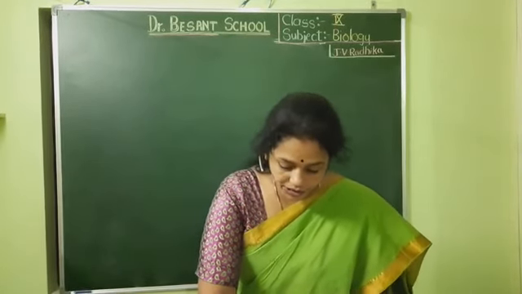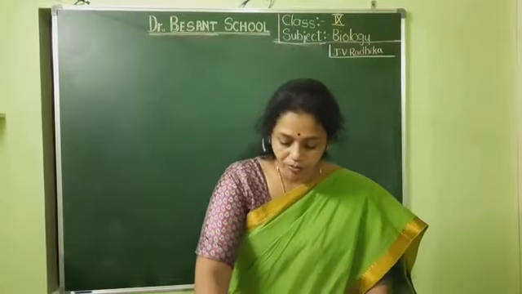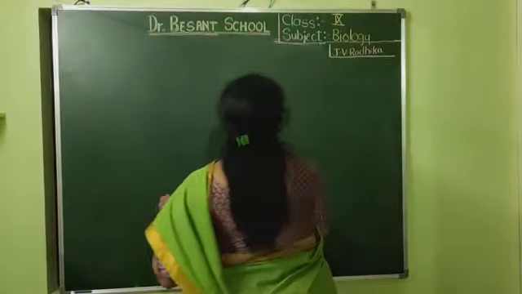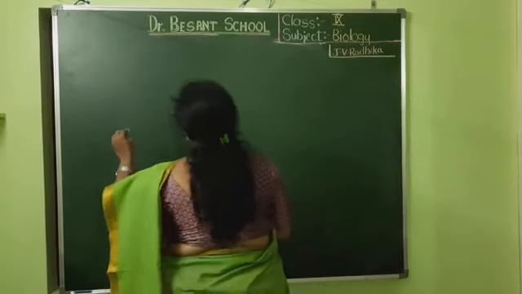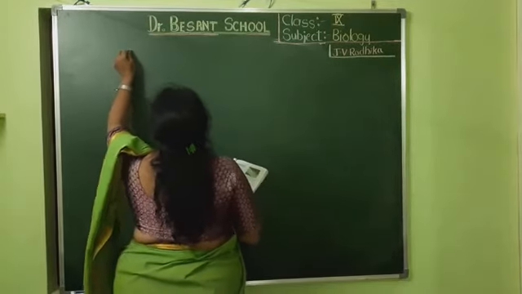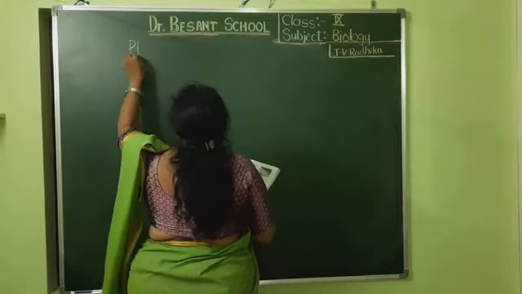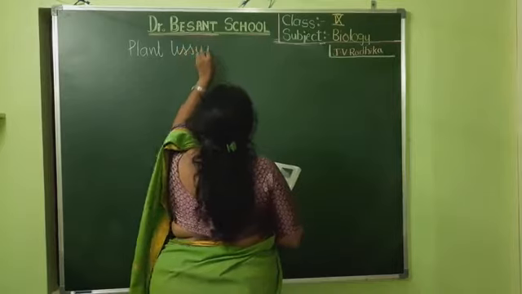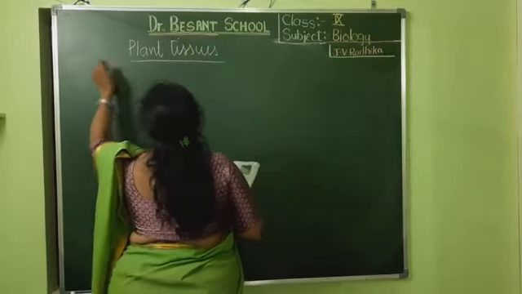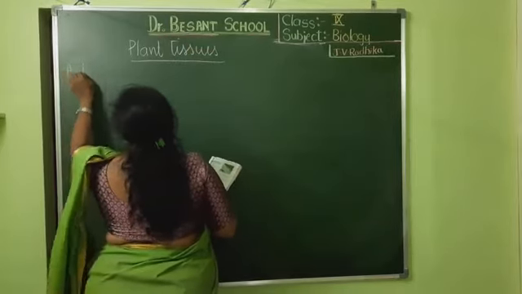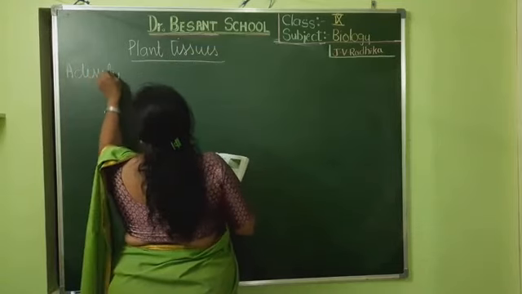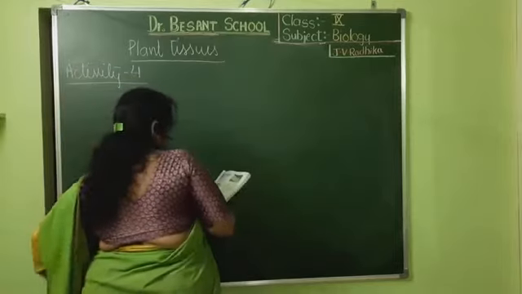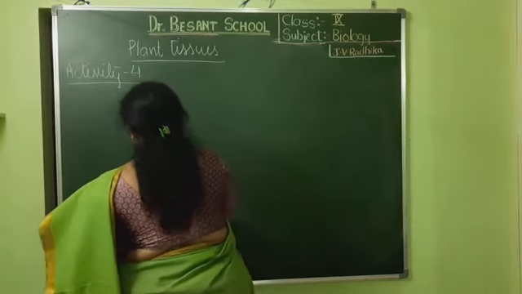So for now I shall just give you the activity, that is activity 4, cells in a root tip. The name of the chapter is plant tissues. In that, activity 4. What is that activity?